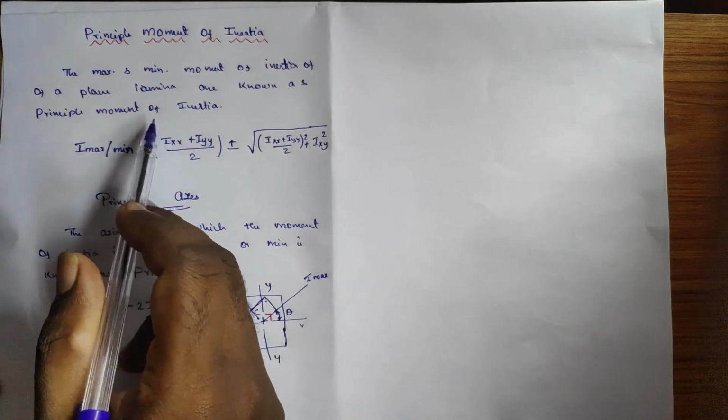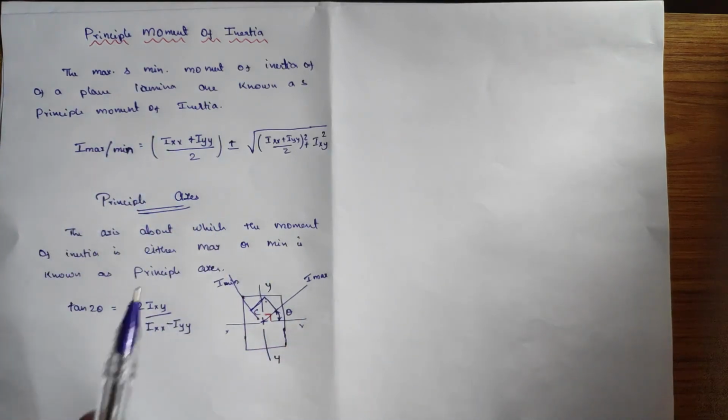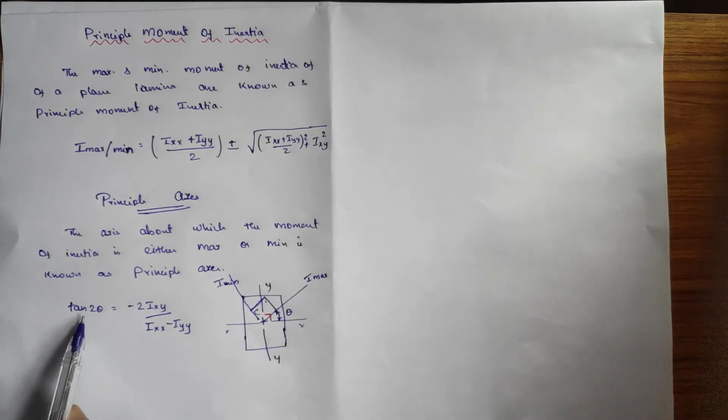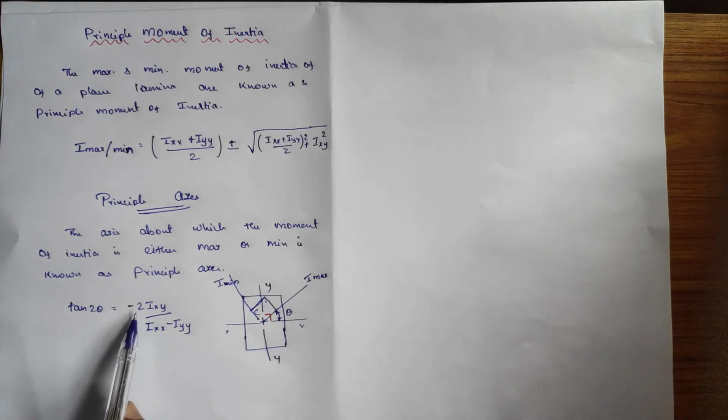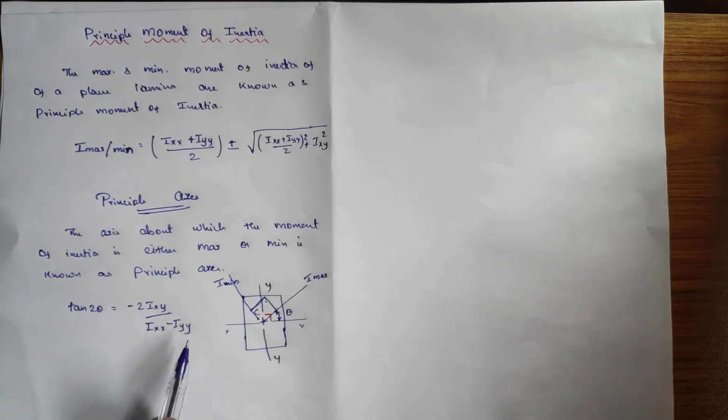So if you have a plane figure or any kind of object, it has a maximum and minimum moment of inertia, changing based upon the position. To identify it, we have the formula tan 2 theta equals minus 2 Ixy divided by Ixx minus Iyy.